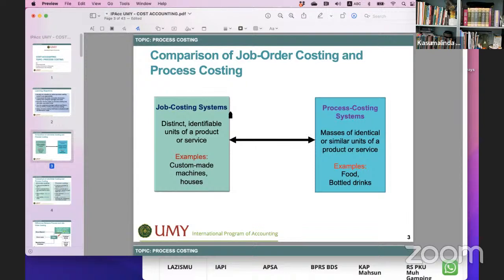So let's say in 1 month the company received 2 orders from 2 different customers, and these 2 different customers asked to build different houses with different designs. So that is the criteria for the company to use job order costing, because each time they produce a product, the product will be different. So it is a distinct and identifiable unit of product or service. Distinct means it is different from one unit to another.